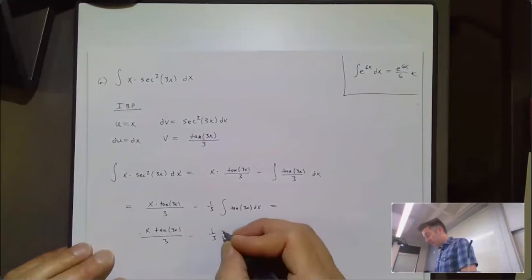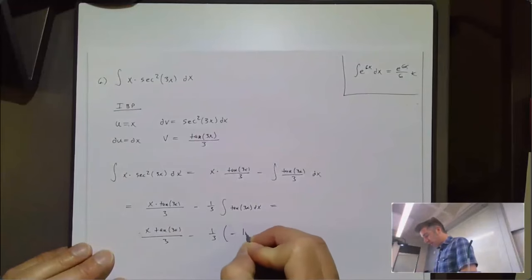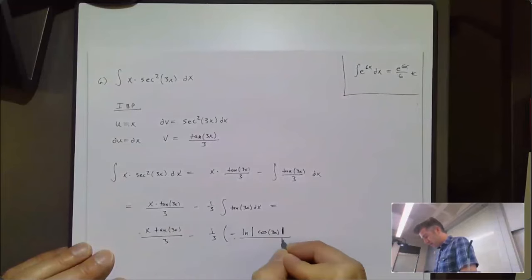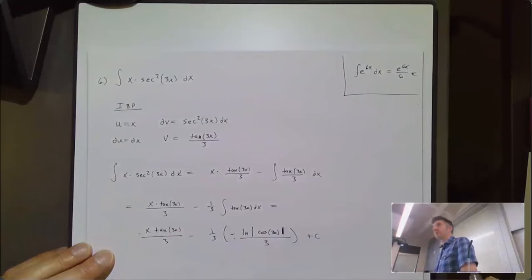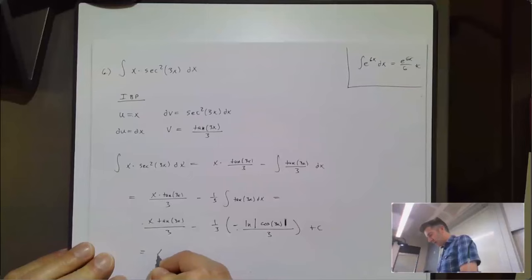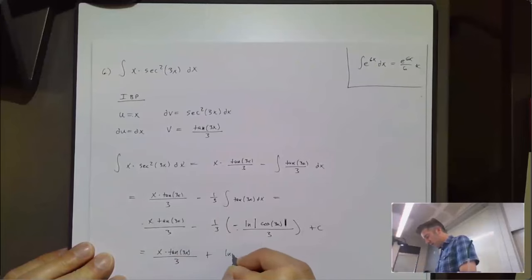I'm going to go negative. So it's going to be the negative natural log of cosine of 3x divided by 3, the whole thing divided by 3. So if I was going to write this out, I would say I have x times tangent of 3x all over 3. Minus times a minus is going to be plus natural log of cosine of 3x in absolute value, all divided by 9.